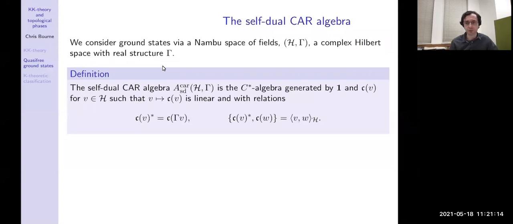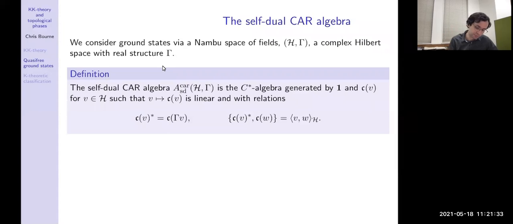And the way I'm actually going to do it, which is maybe a little bit different to the way that people are familiar with these free fermionic systems, is I'm going to work in the Nambu space of field. So this is kind of a Hartree-Fock mean field type approximation of a free fermionic system.